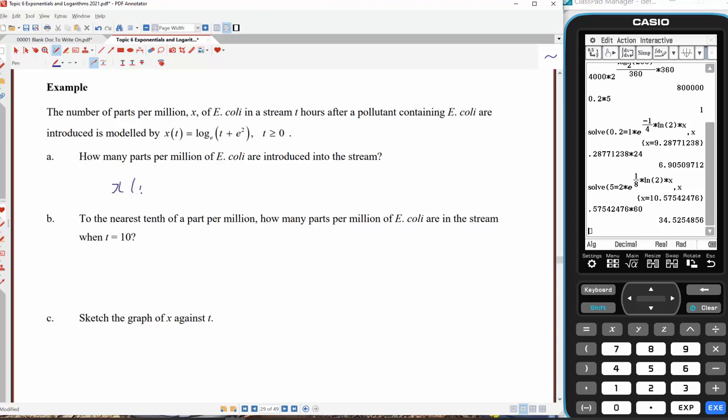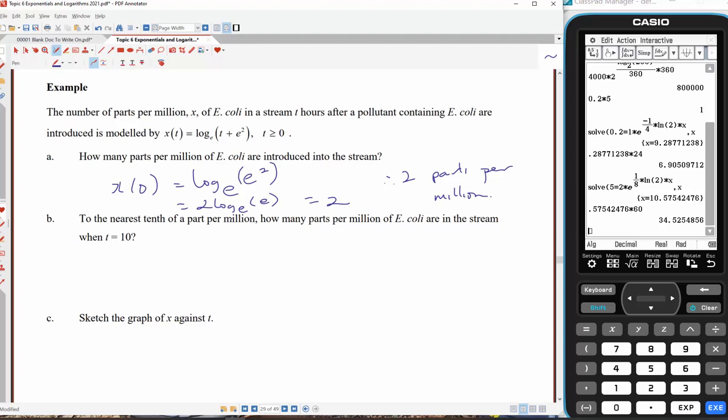So that's going to be when time is equal to 0, we drop all of them in, and that's going to be log e 0, that's e to the 2, 2 comes down, 2 log e, should really bracket that, equals 2. Therefore, 2 parts per million.